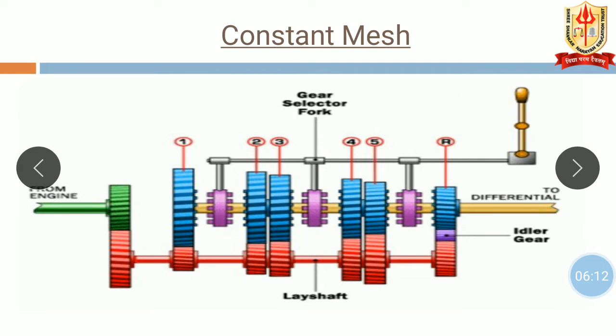How does this work? Suppose we select the first gear. The dog clutch connects with this first gear, and the power is transmitted in this way.